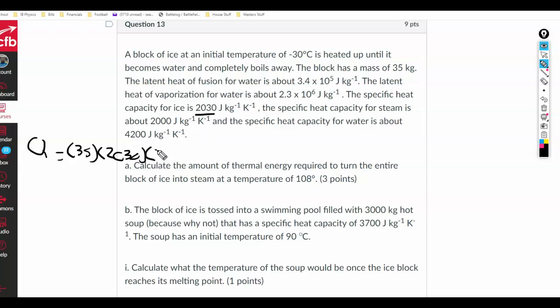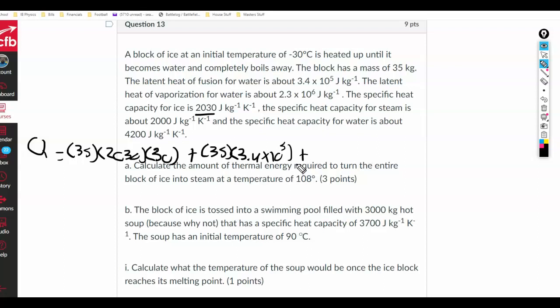The delta T would be positive 30, because it's going from negative 30 to 0, plus, once it gets to the melting point, it's going to melt. So we have to have some heat for that: an ml term, 35 times 3.4 times 10 to the 5, plus, now that it's melted, we have liquid water, and that liquid water is going to go from 0 degrees up to 100 degrees Celsius.